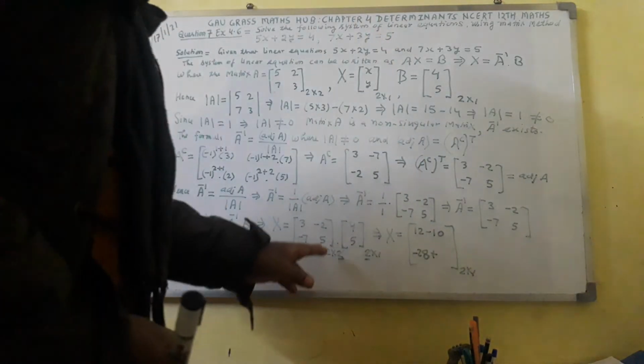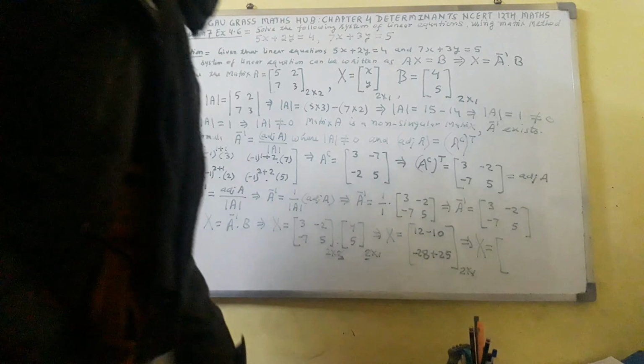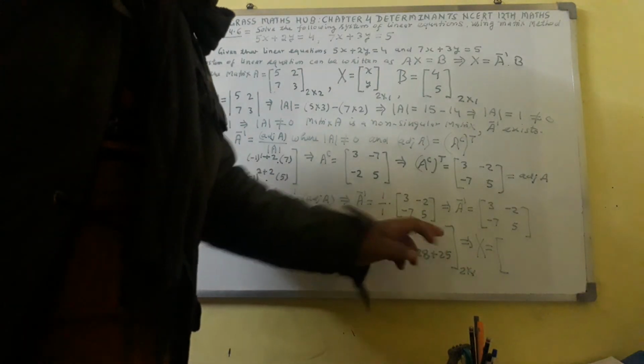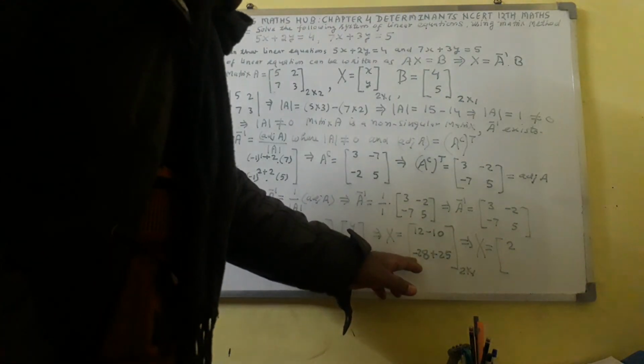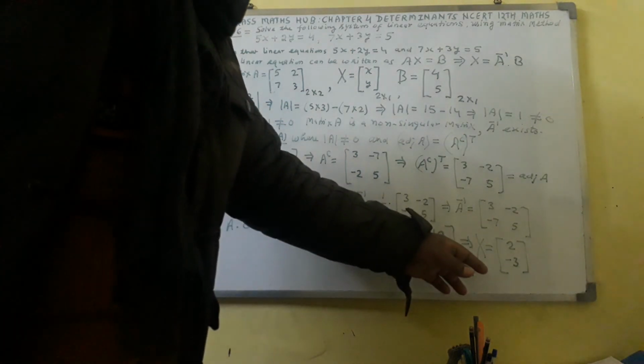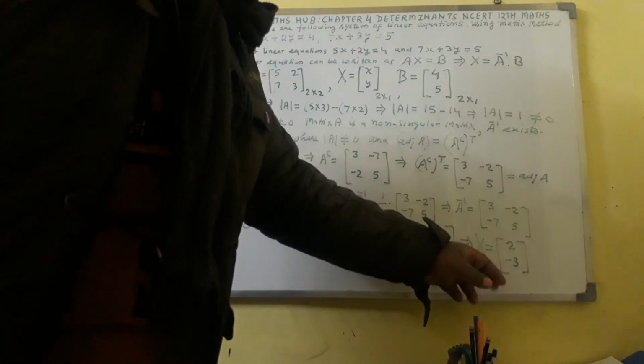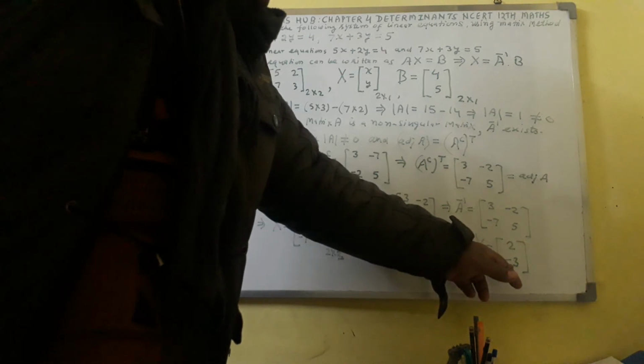Plus 5 and 5 will multiply together, you will get here 25. Now here I shall write matrix X equal to 12 minus 10 comes out to here 2. Minus 28 plus 25 you will get here minus 3. The matrix capital X equal to elements of first row 2, elements of second row minus 3.